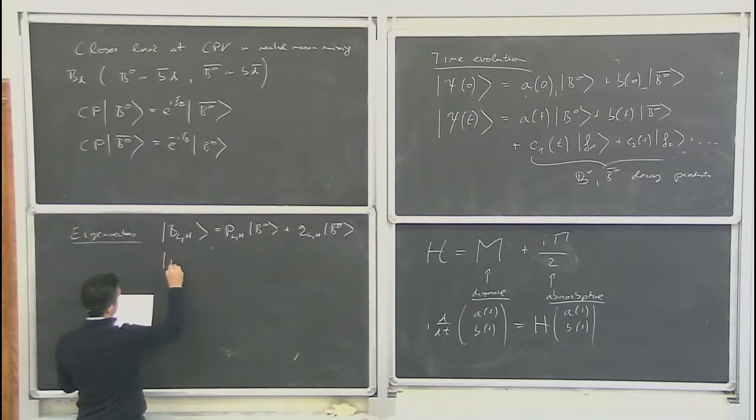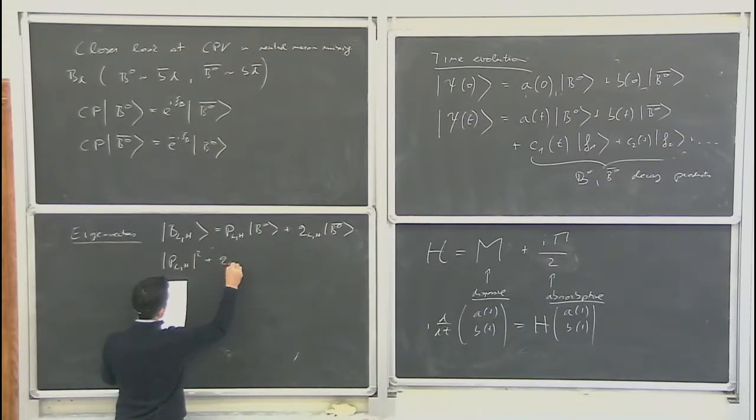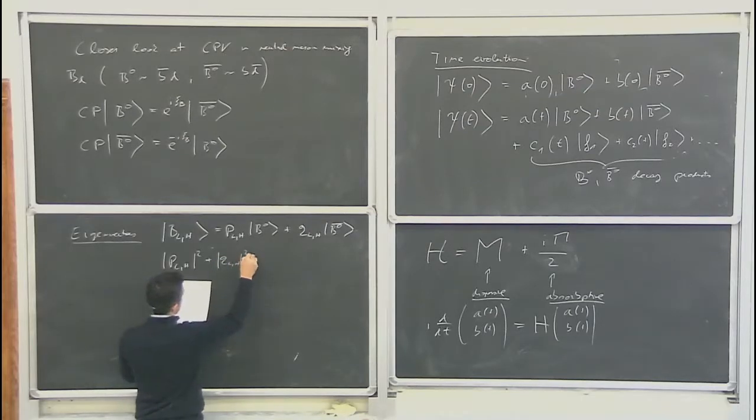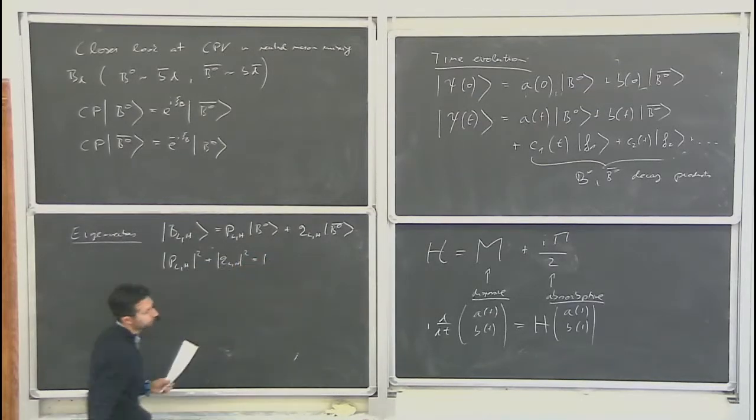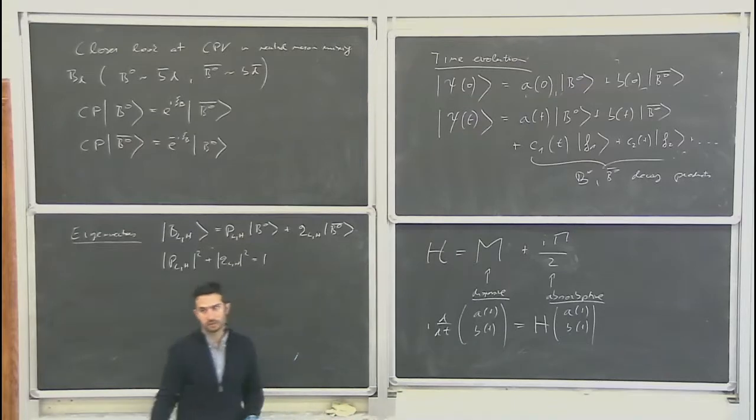And I require, of course, that p_{L,H} squared plus q_{L,H} squared equals 1. This would be the only constraint I have for a general Hermitian H and gamma.